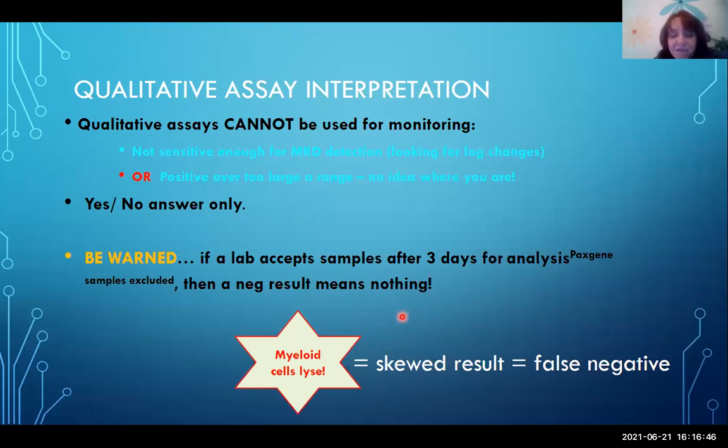After 3 days, the number of myeloid cells that are still around that you can extract DNA from is way lower than it was before. So you could end up getting a skewed result and a false negative. So sample integrity counts, and if it's not in a PAXgene tube, then it's not protected over time. So ice protects it, and EDTA is obviously critical, but the time it takes to get to the lab as well.